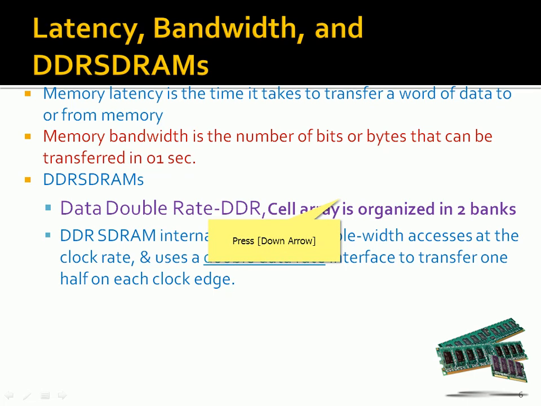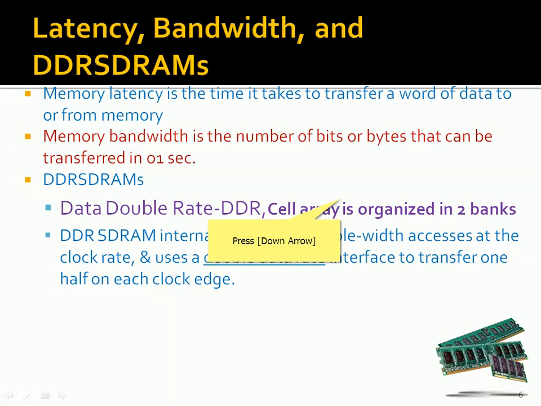So DDR SDRAM internally performs double width access, right? They perform the double width accesses at the clock rate and use the double data rate interface to transfer one half on each clock edge.